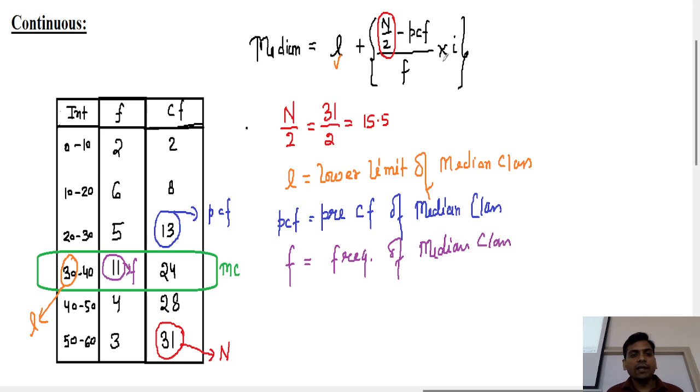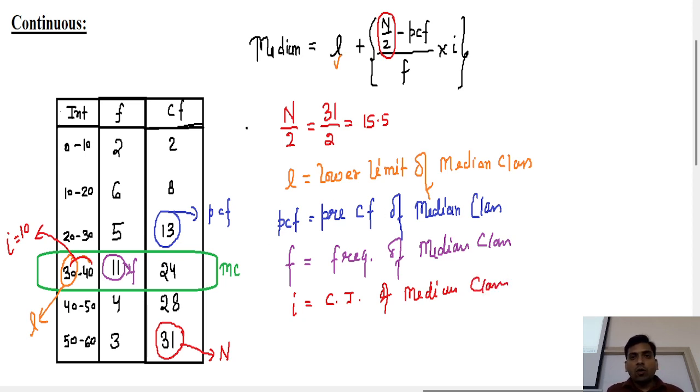Now this is I. I is the class interval of the median class. This gap is considered as I. I is equal to 10. So I is the Ci of the median class. So this is Ci. Done?